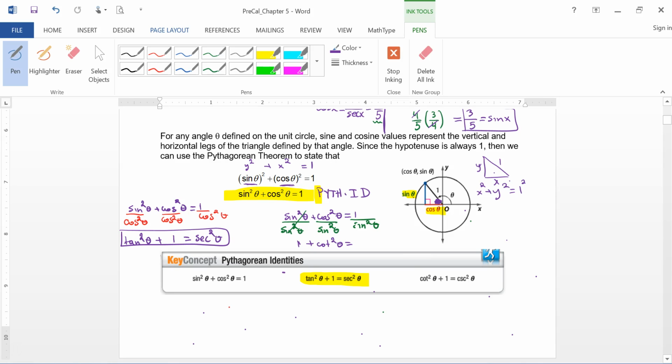Now, 2 over cosine squared x times negative cosine squared x over sine squared x. If you're comfortable skipping that step, you can. This is negative 2 over sine squared x, which is negative cosecant squared x.